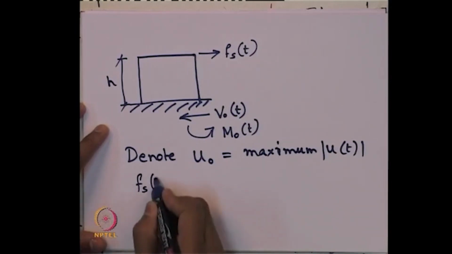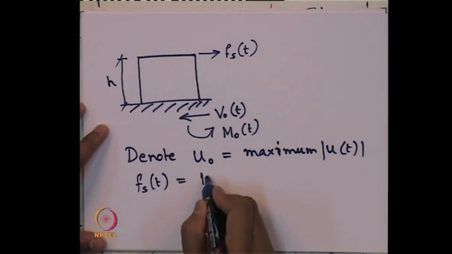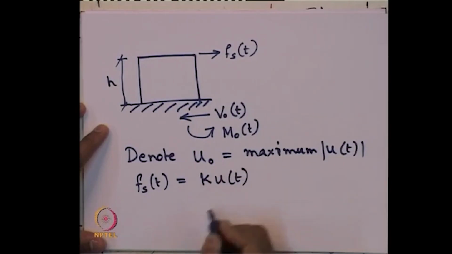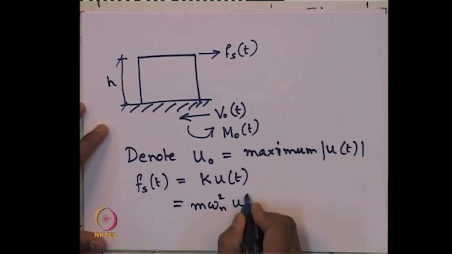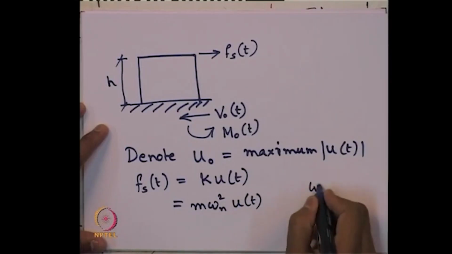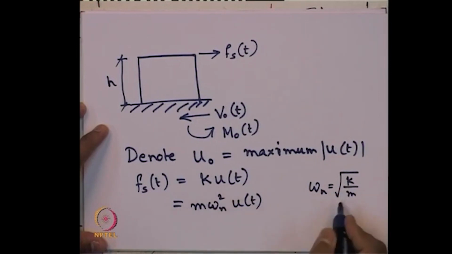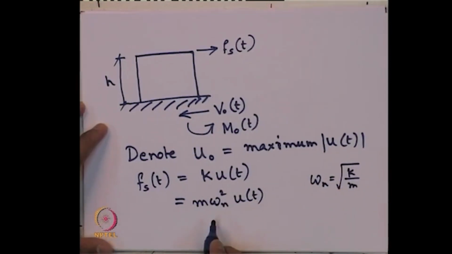The function u of t is whatever the structure is subjected to under any kind of dynamic load. That Fst is nothing but a spring force acting on the structure, with k as the spring constant or the stiffness, times u of t, which if we simplify it further, can be expressed as m omega n square times u of t. Why? Because as we know omega n is nothing but root over k by m. So, automatically k is nothing but m omega n square, is it not?